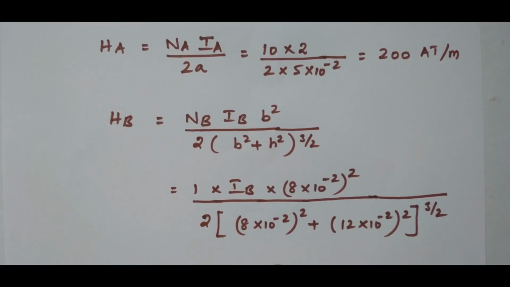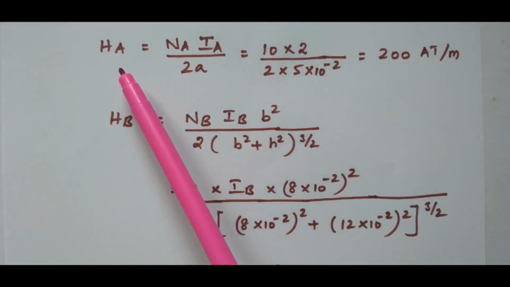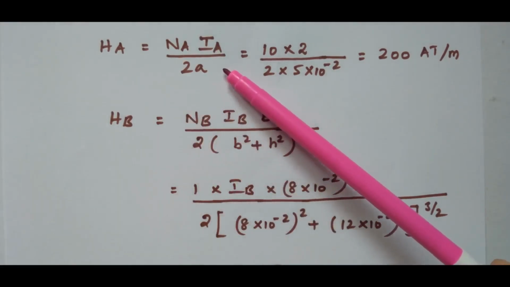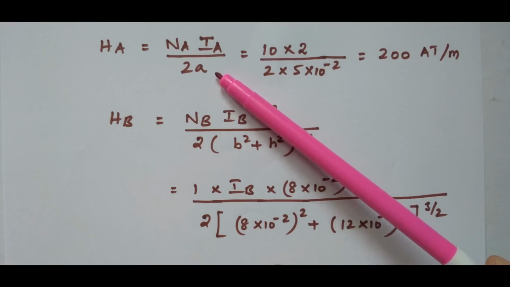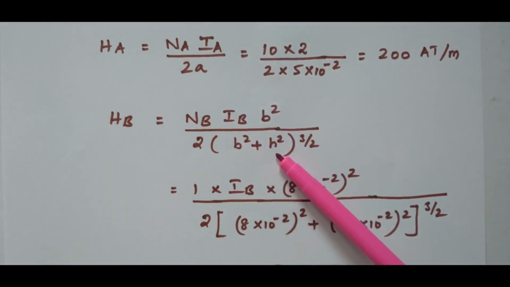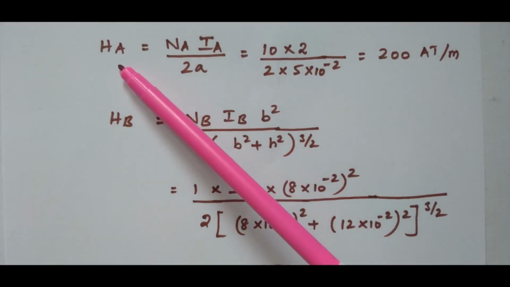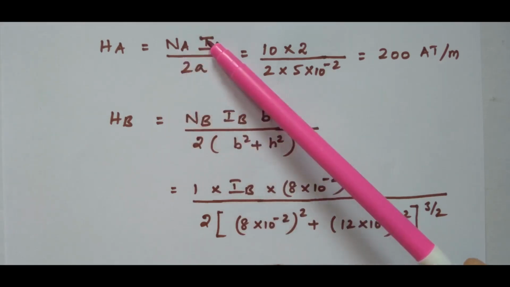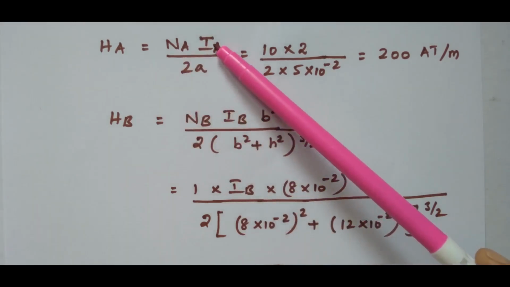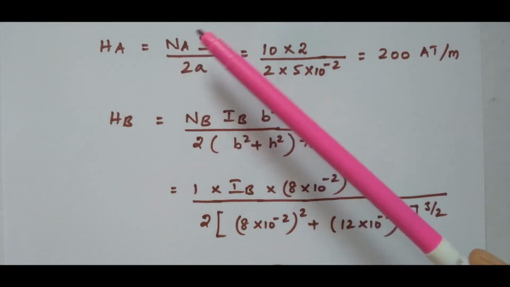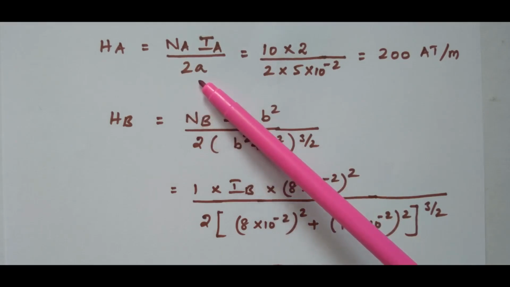So first we will find the HA. HA equal to NAIA divided by 2A, that is at the center. Coil A we assumed at the center. Coil B we assumed at a height of 15 centimeter. Coil A is a reference. Normally it is I by 2A, but here the number of turns is available, so NAIA divided by 2A.